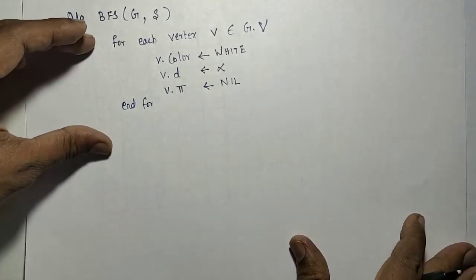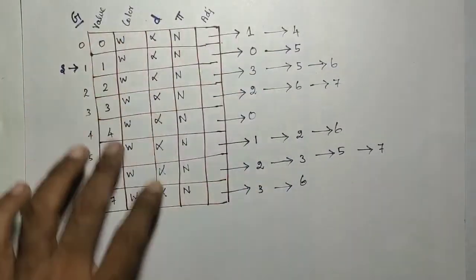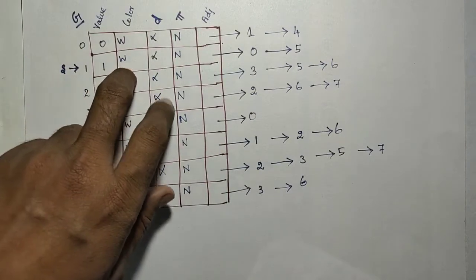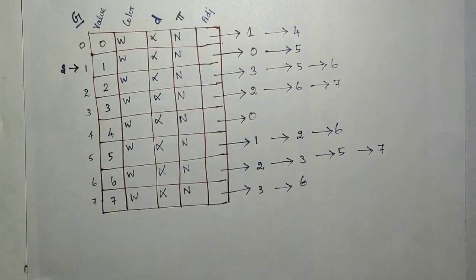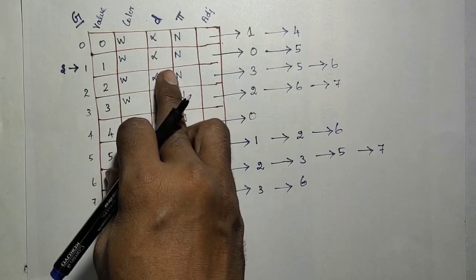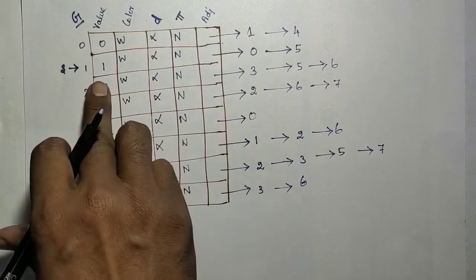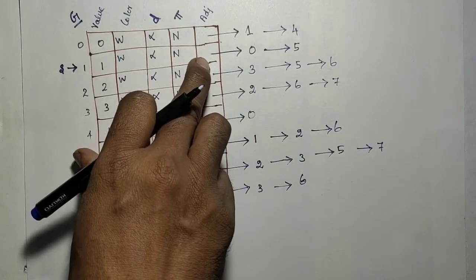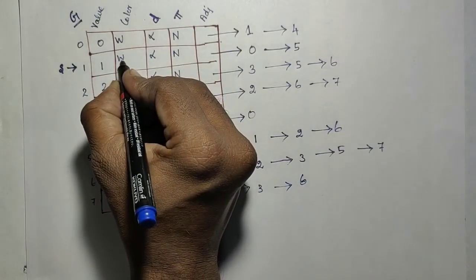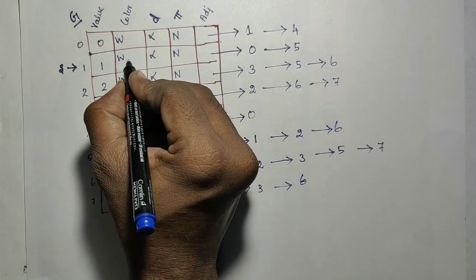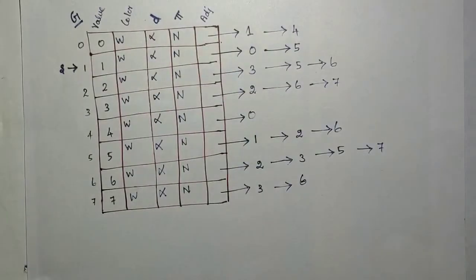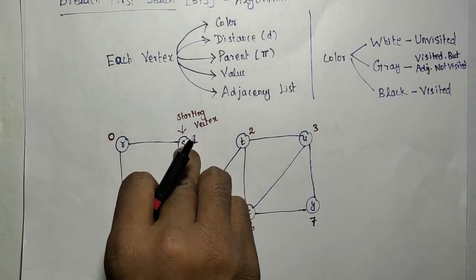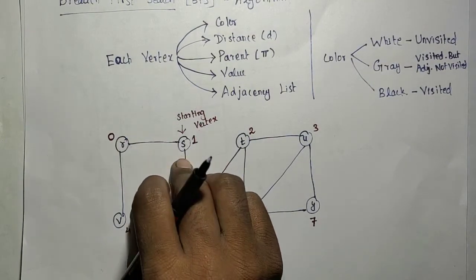So this is step 1: fill with the default values. Then the input is the starting node. The starting node has to be visited first. Visited first means those three fields need to be filled. The color has to be changed from white to gray. Not completely visited, we are only visiting that particular node. Once we start from S, S will be visited first, so I have to change it to gray.